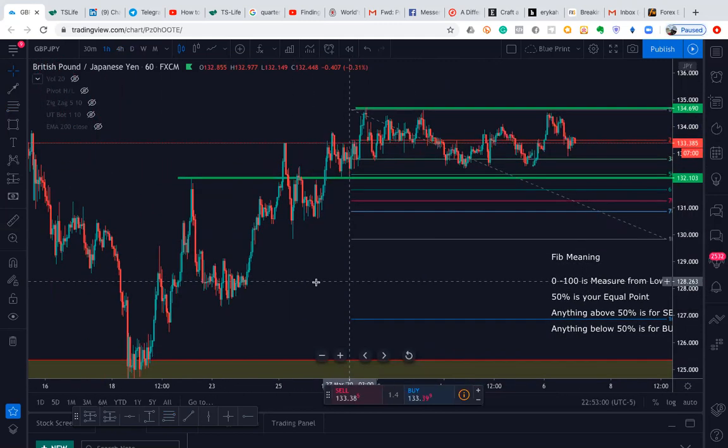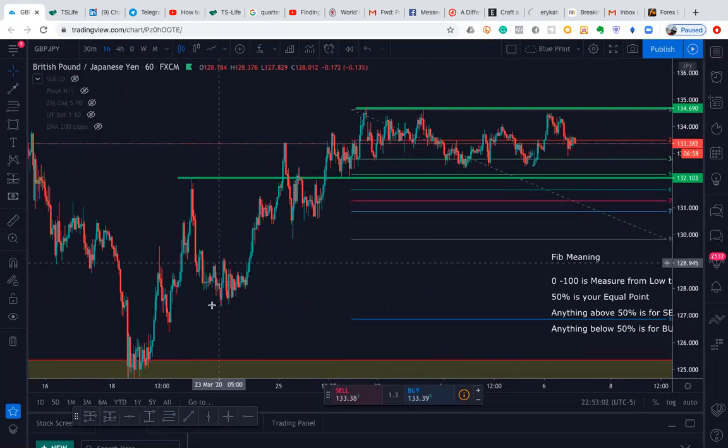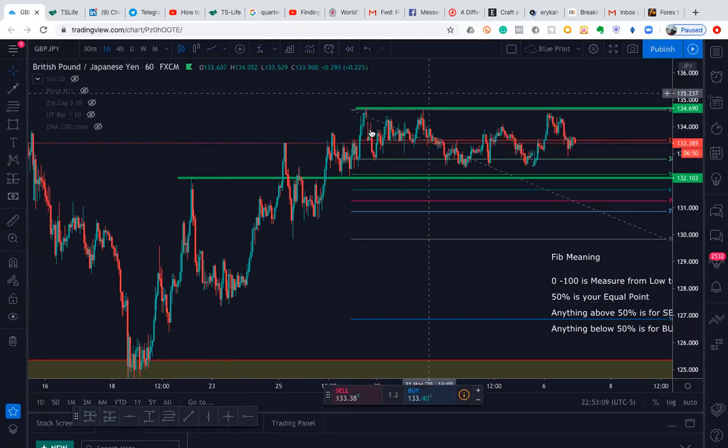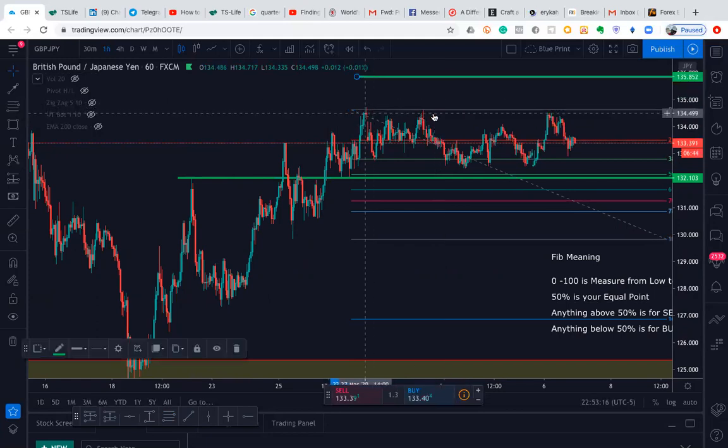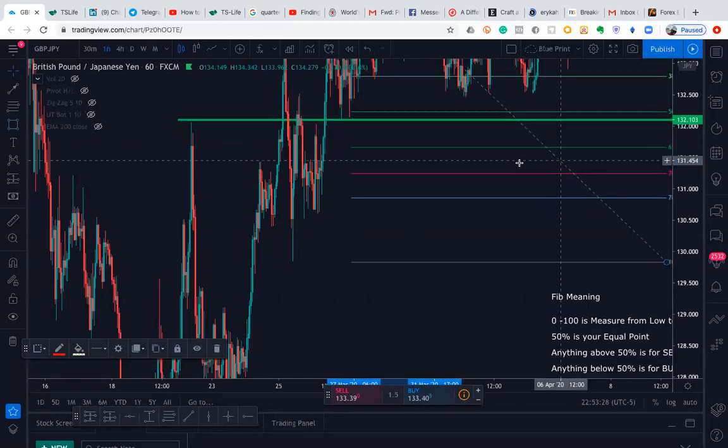When you see price form this double bottom right here, or even here, when price forms that double bottom and it comes up, if it forms this double top right here, this is how I caught gold today.